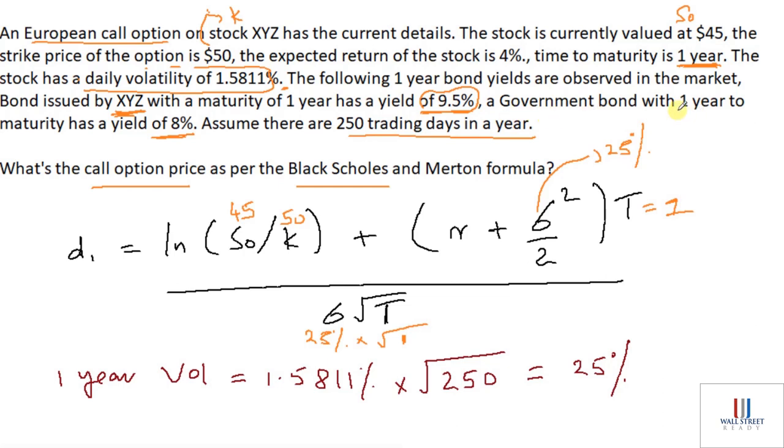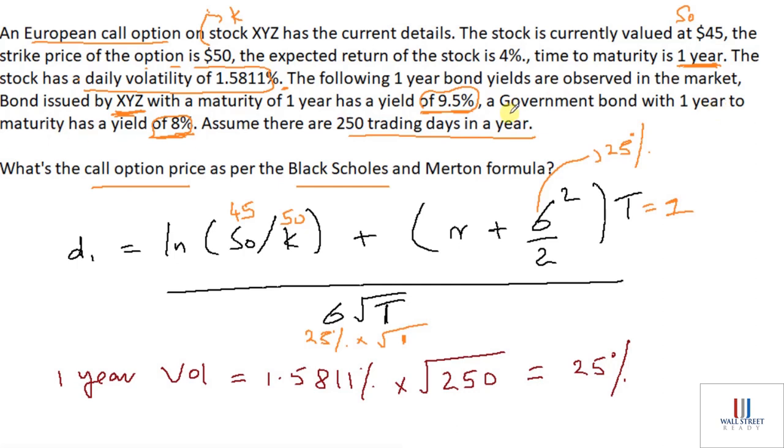Reason the corporate bond has a higher yield is because if you invest in a corporate, you are taking a higher risk. So in order to compensate for a higher risk, they are giving you a higher return. Now remember, this interest rate is a risk-free rate. So the risk-free rate is same as an equivalent government bond, and we can use this 8%.